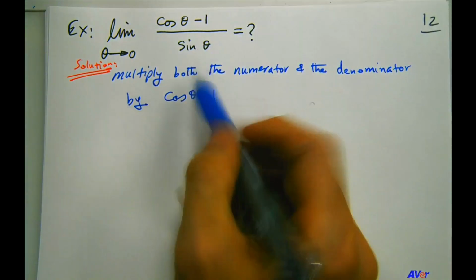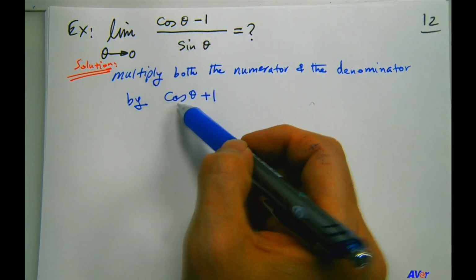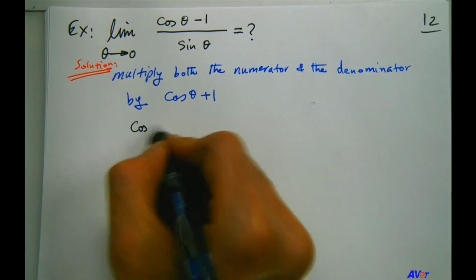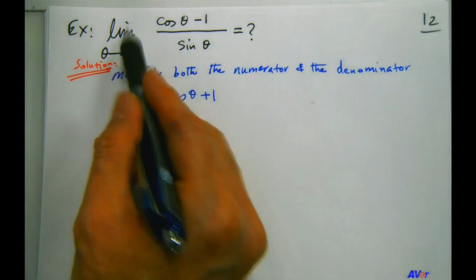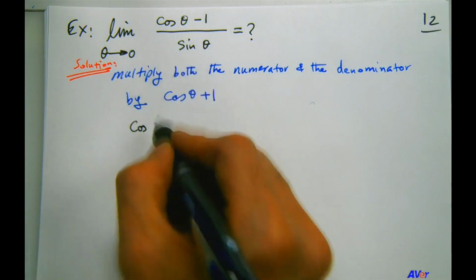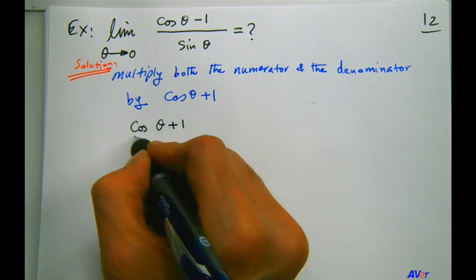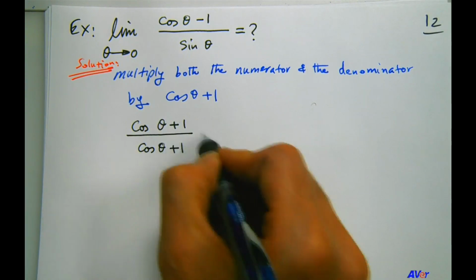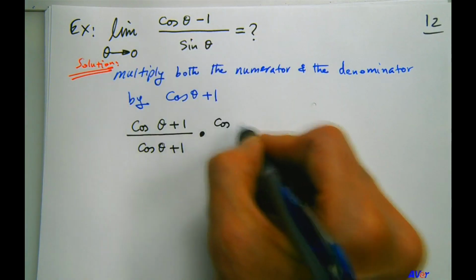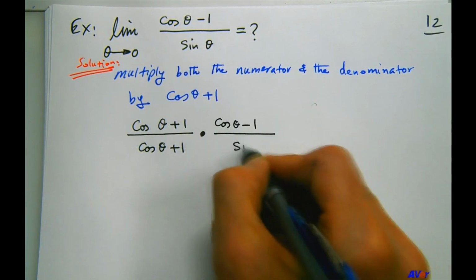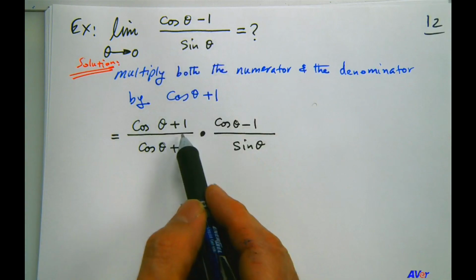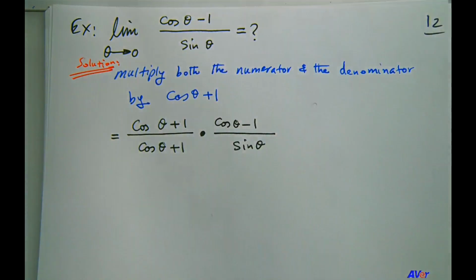In particular, we're doing this because it's going to help us use a relationship we learned about in the trig class, Math 127. Again, let's simplify, and then we're going to apply the limit after we've simplified this expression. So cosine of theta plus 1 divided by cosine of theta plus 1, multiplied by that expression, cosine of theta minus 1 divided by sine of theta, right? We're simply multiplying the expression we have by 1, because what is this divided by that? It's just 1, all right?